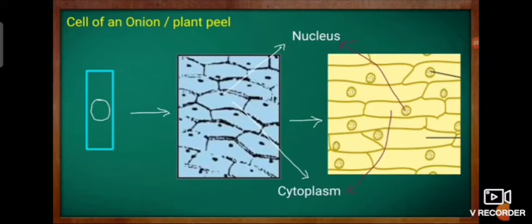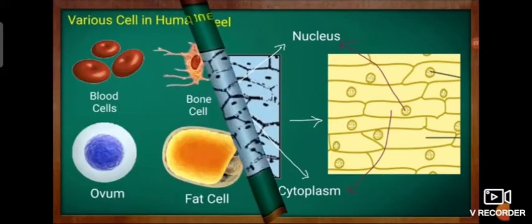You already learned the names of different cellular organelles in your previous standard, like mitochondria, ribosome, centrosome, endoplasmic reticulum, etc.